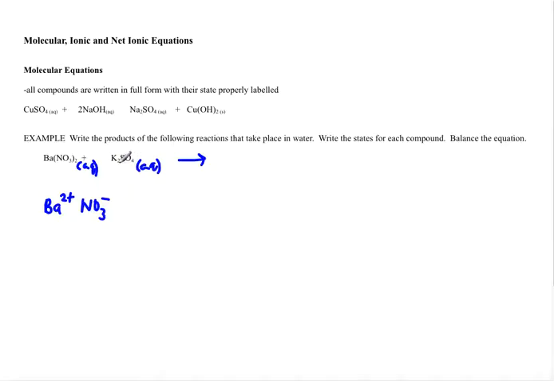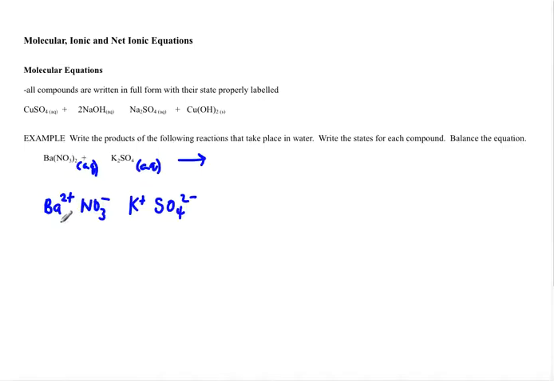For potassium sulfate, when I do the reverse crossover method or refer to the periodic table, I see that I have K+ and SO4 2-. Once I've got these ions written down, it's going to make it easier for me to do all of the other parts of this exercise, and particularly the next step, which is to write the products.